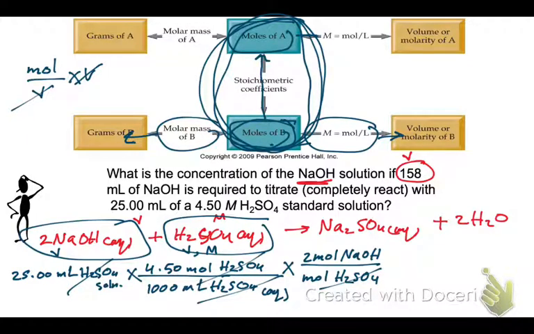Molarity is dividing moles over volume, and that volume has to be in liter for molarity. So I'm going to say 1 over 158 times 10 to the negative 3 liter of sodium hydroxide solution.